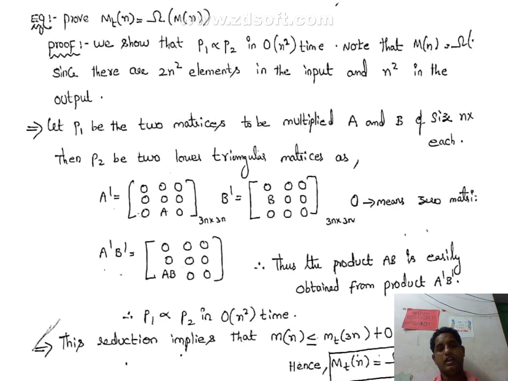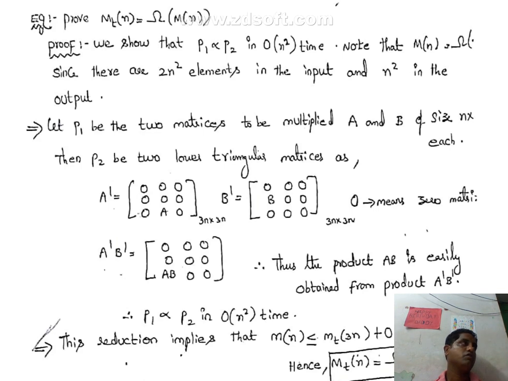P1 is the two matrices to be multiplied, A and B, of size n by n. Then P2 is two lower triangular matrices. A dash equals 0, 0, 0, 0, 0, A, 0, and B dash equals 0, 0, 0, 0, B, 0, 0, 0, 0, with zero matrices.